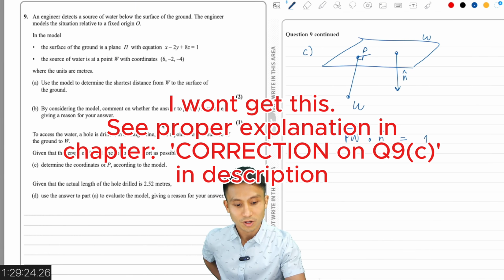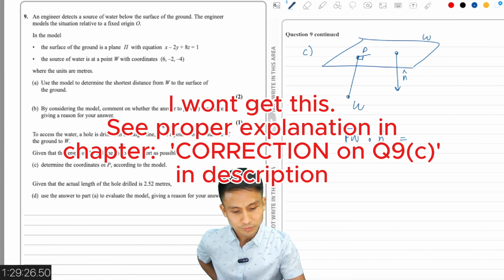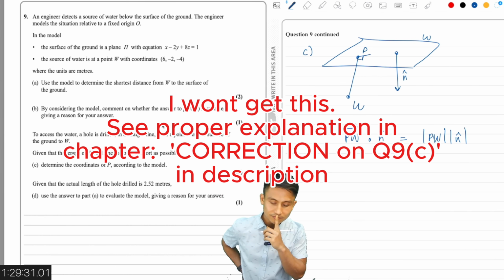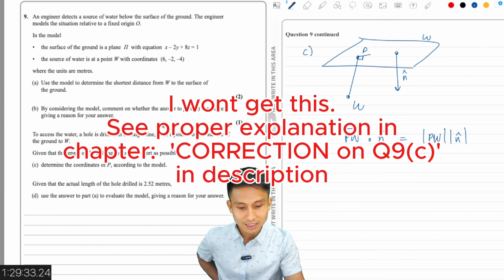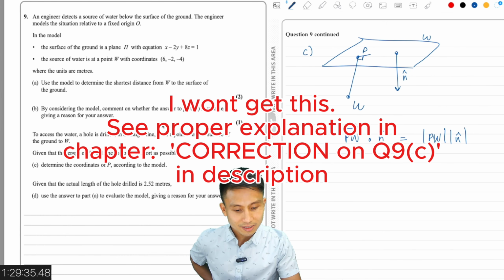Yeah, wait, no, not 1. Absolute PW, absolute N. Yeah, because this is basically that dot that. This is the dot product equation, right?